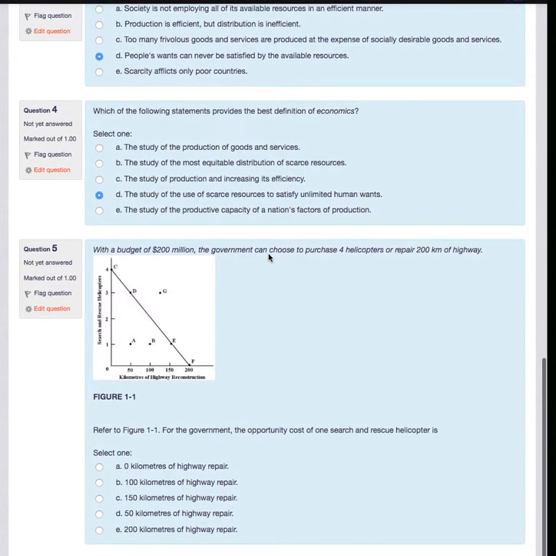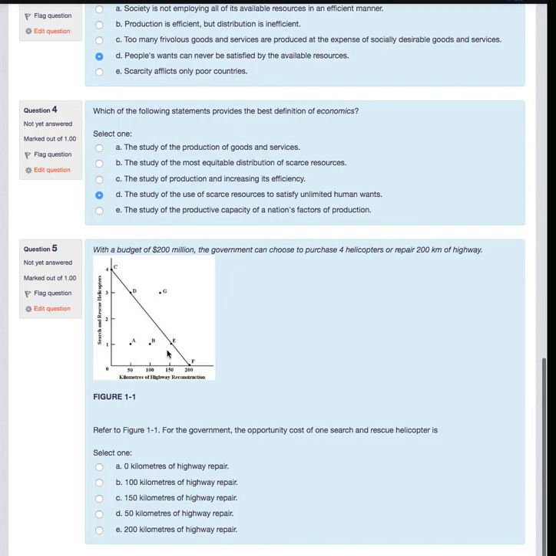With a budget of 200 million, the government can choose to purchase 4 helicopters or repair 200 kilometers of highway. Here, since they've done it in a diagram and it's a straight line, this would be a constant opportunity cost function. For every helicopter, we're giving up 50 kilometers of highway, because if we have 0 helicopters, we have 200 kilometers of highway.